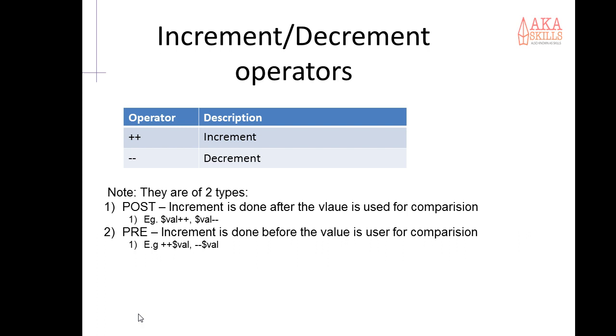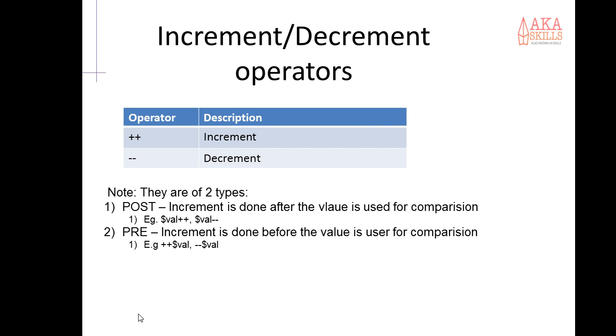So instead of writing $count is equal to $count plus 1, a simple way of writing is $count++. Similarly, decrement will decrement the value stored in that variable by 1. Now, there are two ways of incrementing and decrementing.